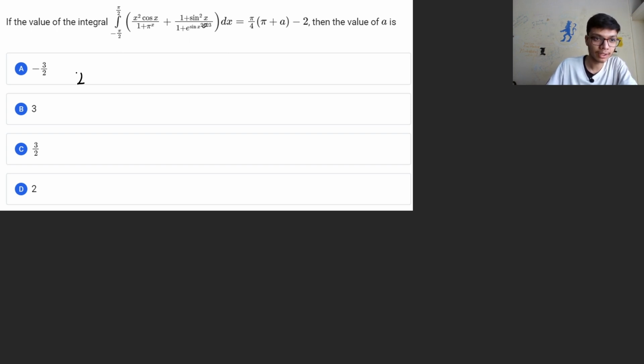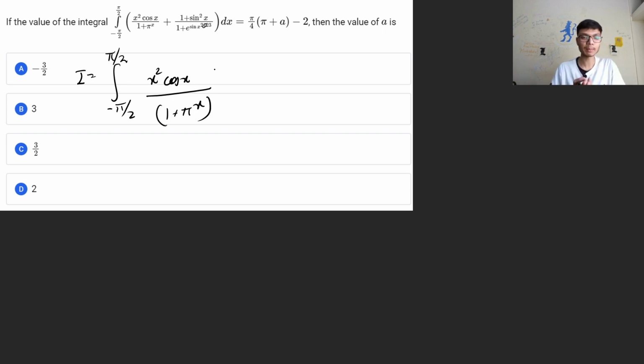All right, so the integral is saying that it is the integral in the limit minus pi by 2 to pi by 2 of x square cos x divided by 1 plus pi to the power x. Now this type of option actually came up in your JEE Advanced previous year problems. If you look at very old problems of JEE Advanced, you can find this particular problem.